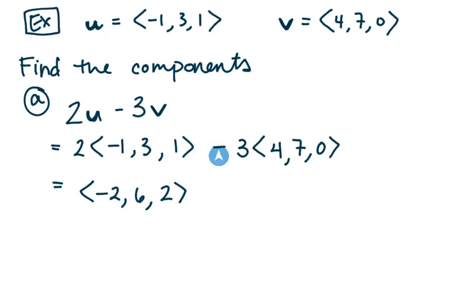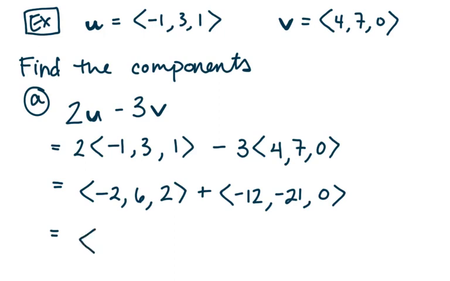I'm going to go ahead and pull that negative through with both of these. So distributing the negative, this would become a plus. I have -12, -21, and 0.